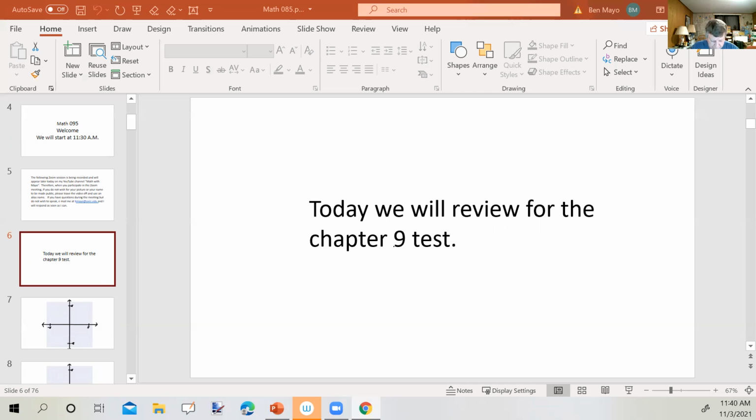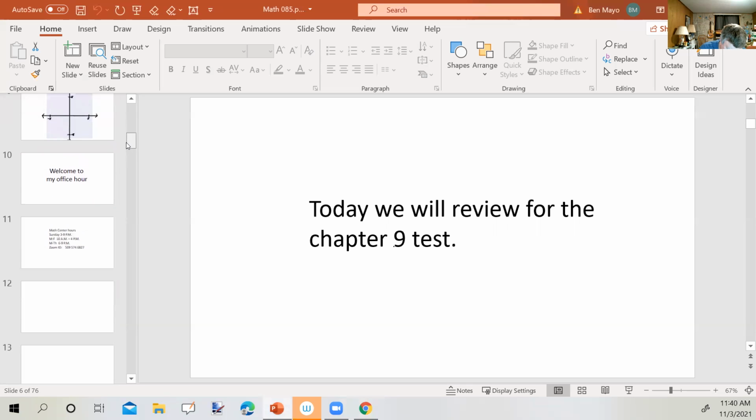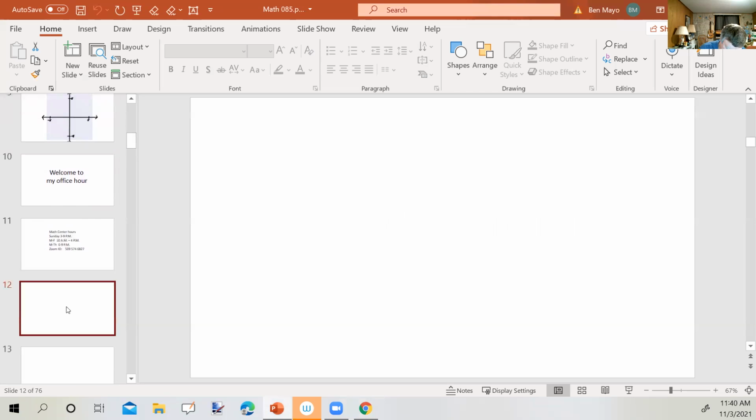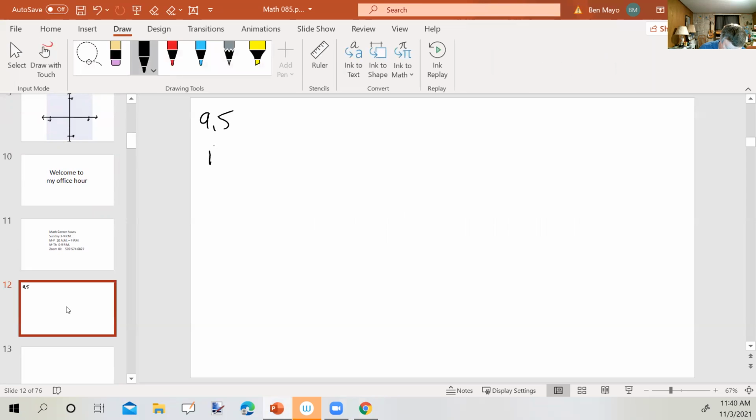Okay, so here is the first question. This is from section 9.5, number 16. It says, solve the equation, enter your answers as a comma-separated list.